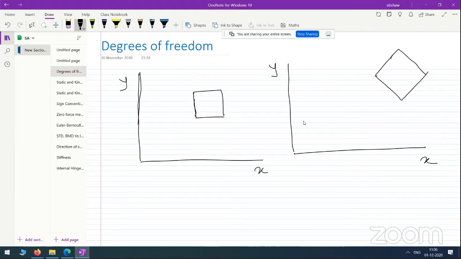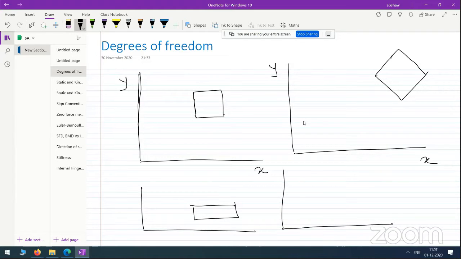In order to identify and locate the new configuration, this object will first move in the x direction, then it will move in the y direction, and then in the third step, it will rotate.